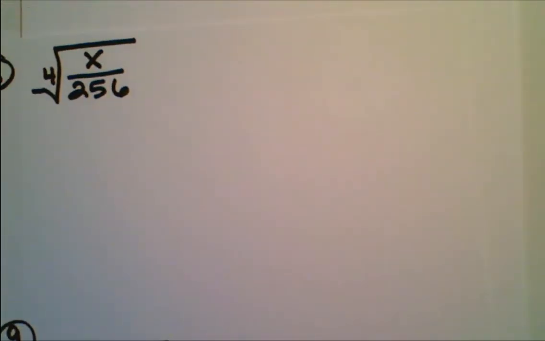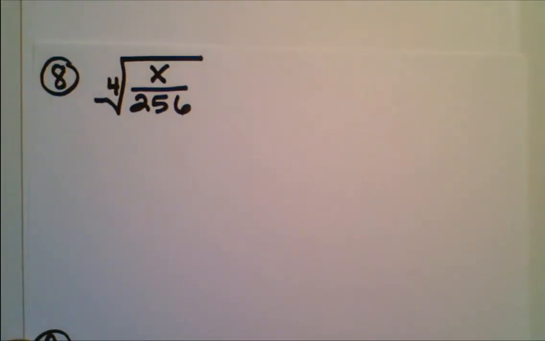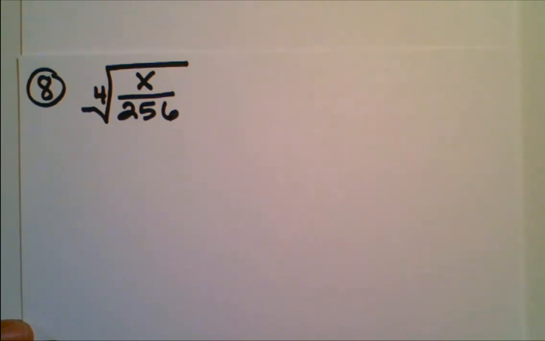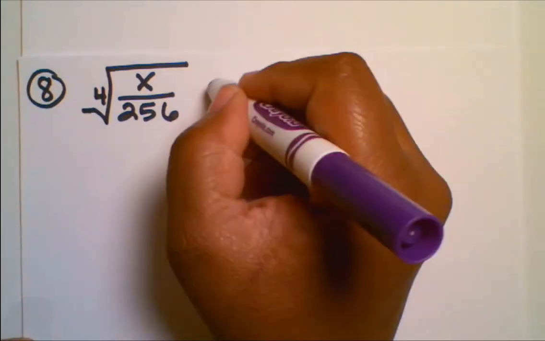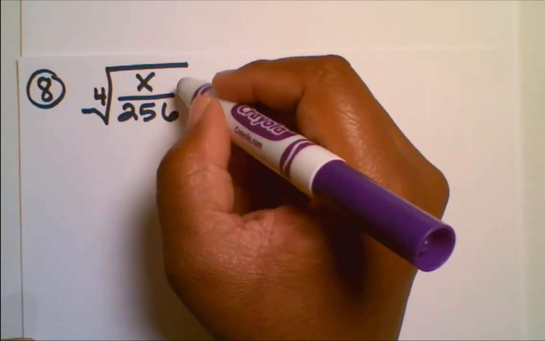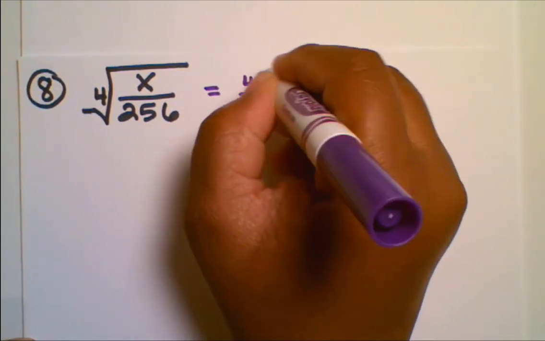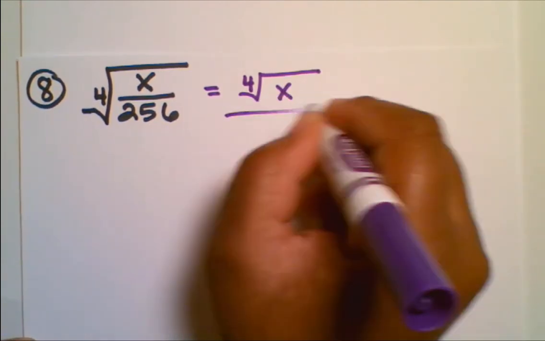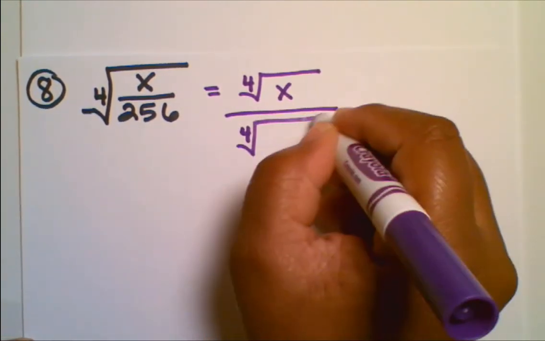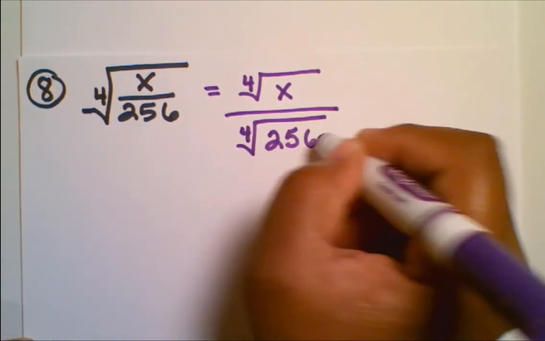Last two examples here with dividing. We have the fourth root of x over 256. Let's write the radicand as two separate radicals. You have here the fourth root of x over the fourth root of 256.